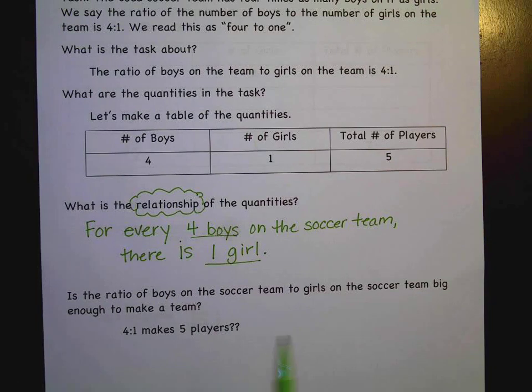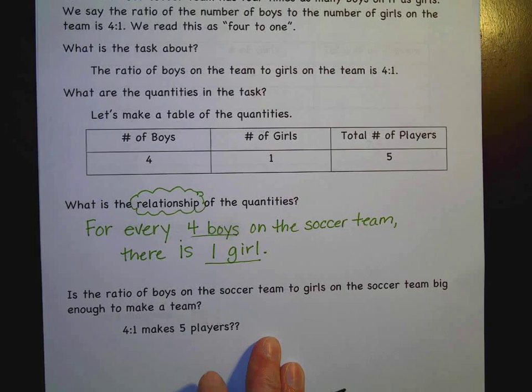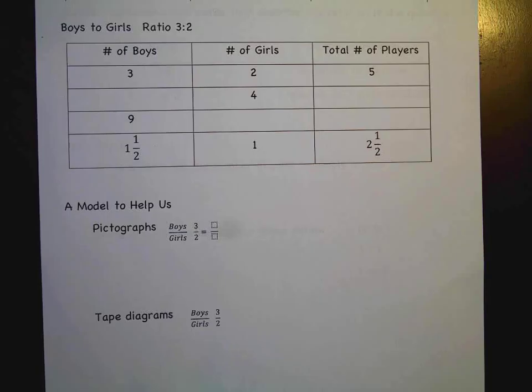And because I'm not really a soccer player, I don't really know. I don't know what the total number of players are. But if you have to have 5 players, then my guess is that it might be big enough. I don't know, because in total there's 5 players. So that's an interesting thing. Maybe I have some soccer experts that we can talk about that tomorrow and you can tell me.